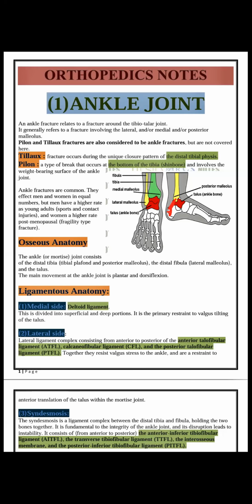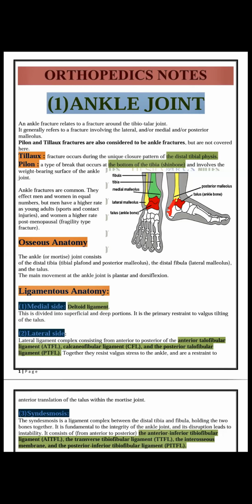The inferior tibiofibular ligament is divided into anterior and posterior. So you will have the anterior inferior tibiofibular ligament and the posterior inferior tibiofibular ligament, and the ligament transversing between them, the transverse tibiofibular ligament.